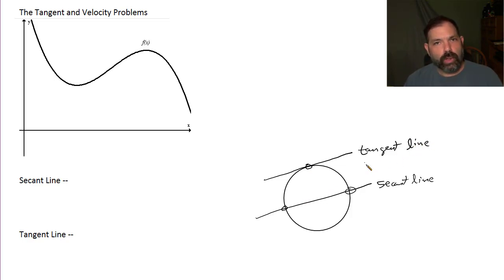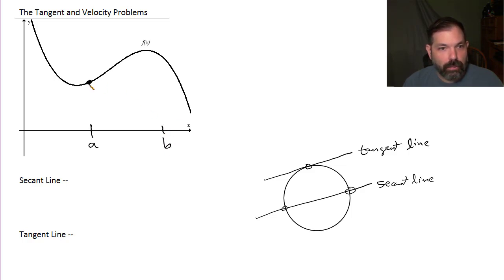And so if we're talking about a more generic curve, some function f of x, we can use similar terminology. We can draw a secant line to the curve, and it will go through 2 points on the curve. So let's say we have this curve f of x, and here's a, and here's b on the x-axis.